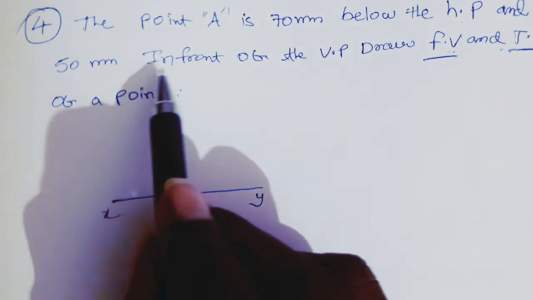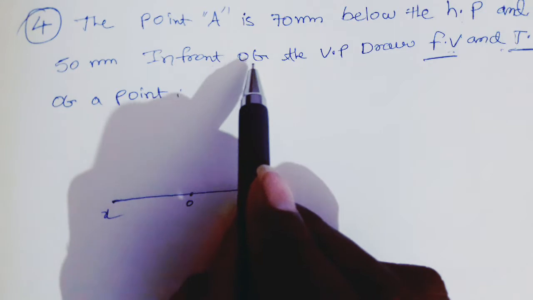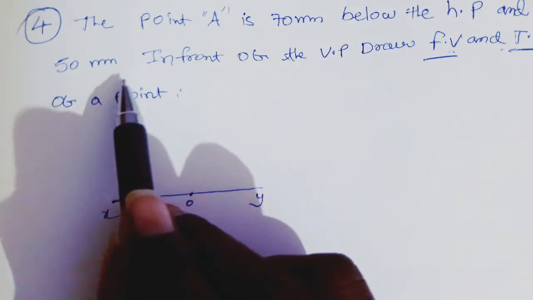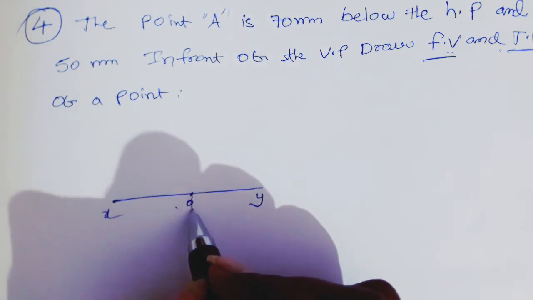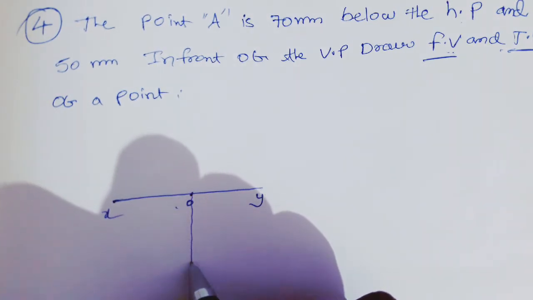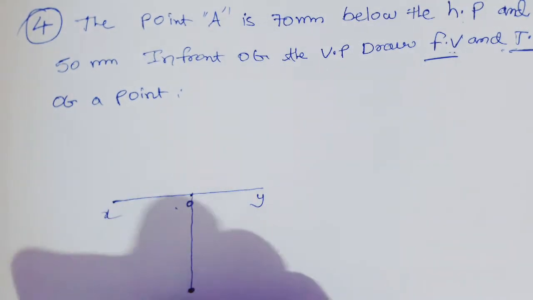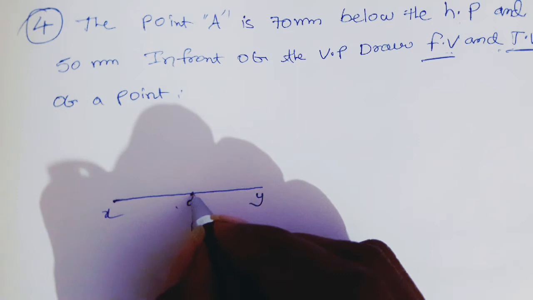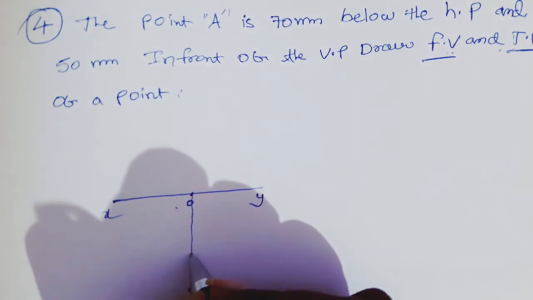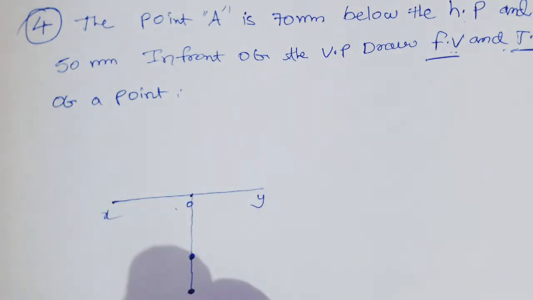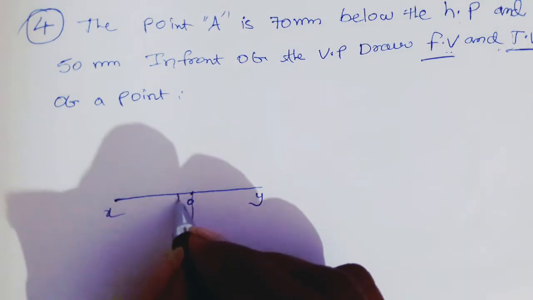In front of the VP, 50 mm in front, again this line will come below. See, 70 mm, this is 70. And again I need to show the position of the point below the XY line up to 50 mm, right? Simple thing.